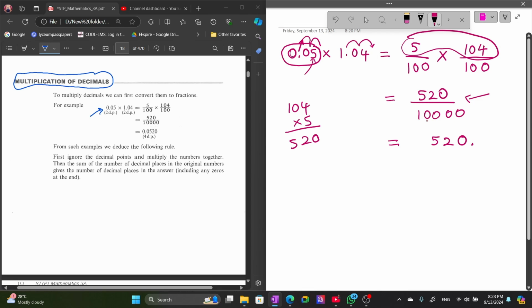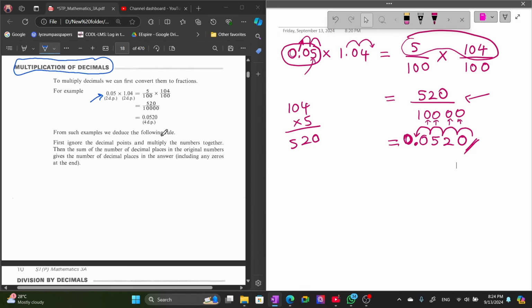Divided by 10,000 means we have four zeros, so dividing by 10,000 means we have to take the decimal point to the left hand side by 4 places. So our decimal point now should be here. Then we have to put a 0, and this is our answer.